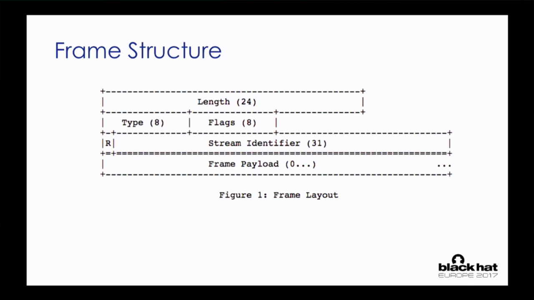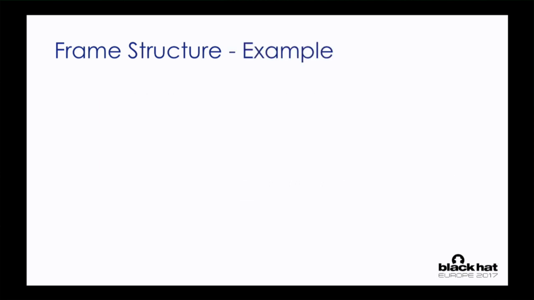Next, you have 1 byte or 8 bits that denote the type of the frame, if it's a headers frame, a data frame, and so on and so forth. Next, you have 8 bits for frame flags, another reserved bit, which currently has no functionality assigned to it, and the rest, 31 bits, would be a 31-bit unsigned integer for the stream ID.